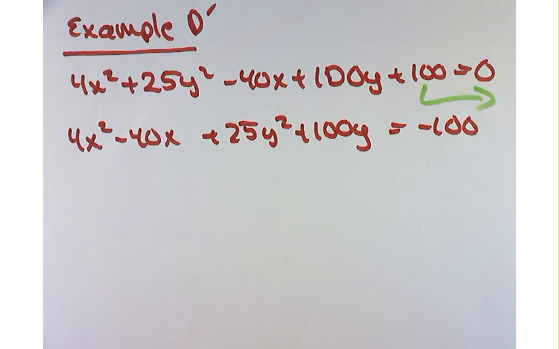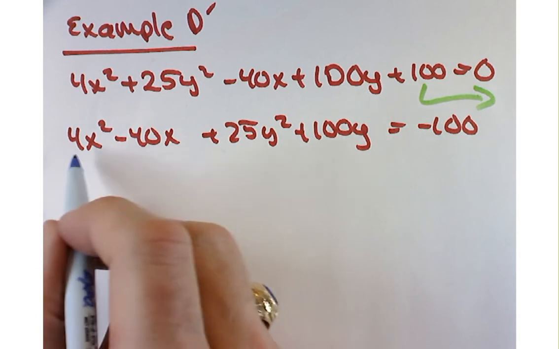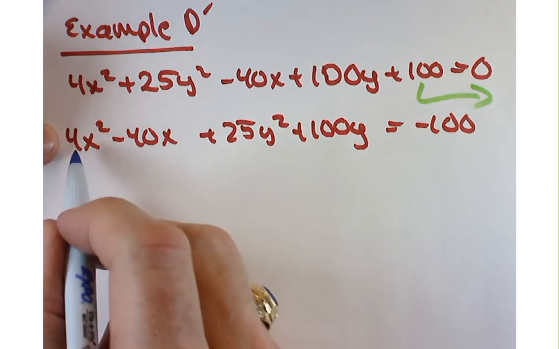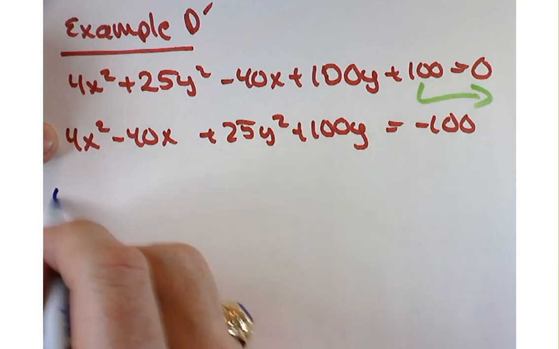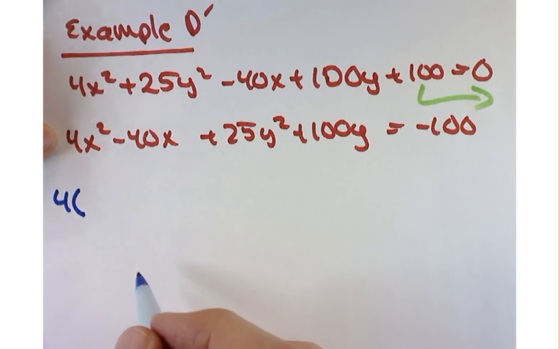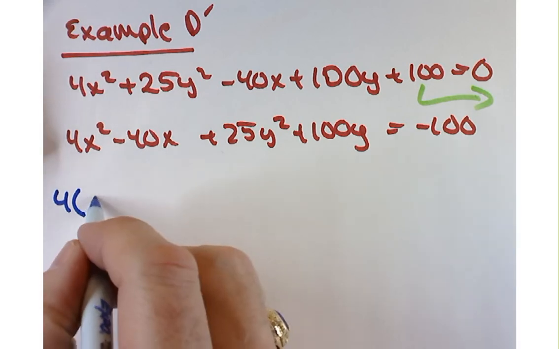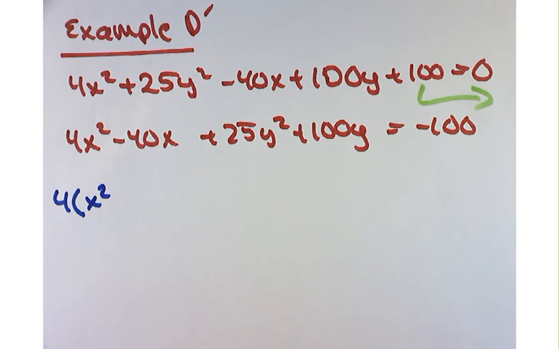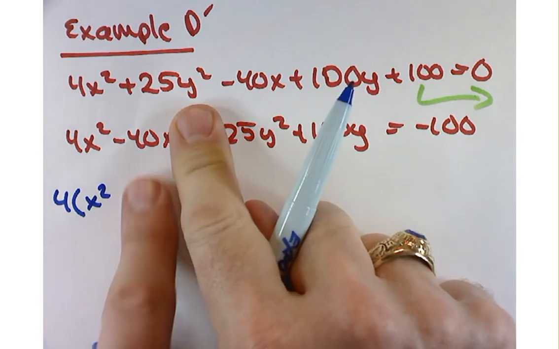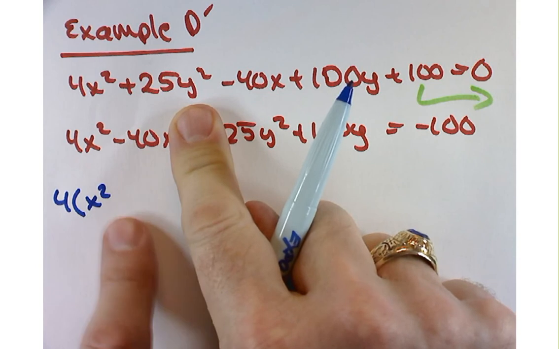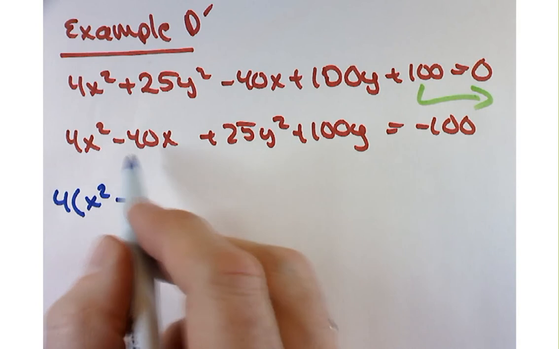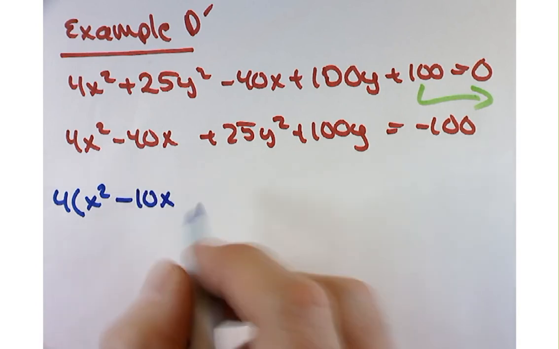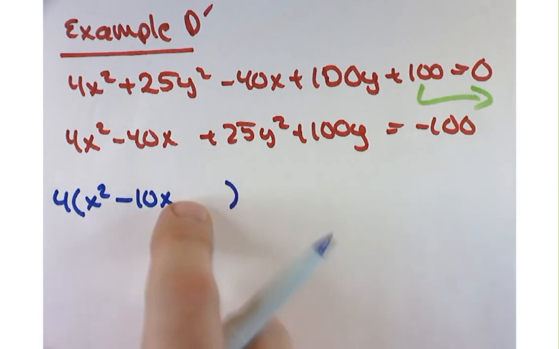Now, I'm going to factor out the greatest common factor, or the coefficient of the squared term. Now that coefficient is a 4. I'm not factoring out a 4x, I'm factoring out a 4. That's going to leave behind an x squared. If I factored out the 4 from this, what else is it going to leave behind? Negative 10x, good. And leave a little space there for yourself if you want.